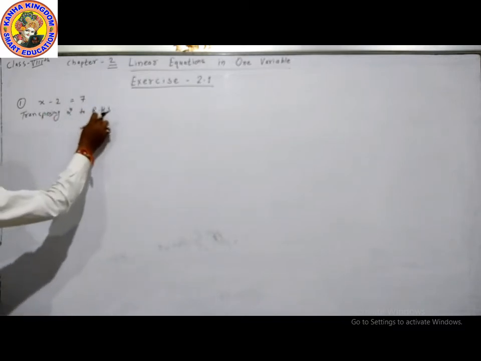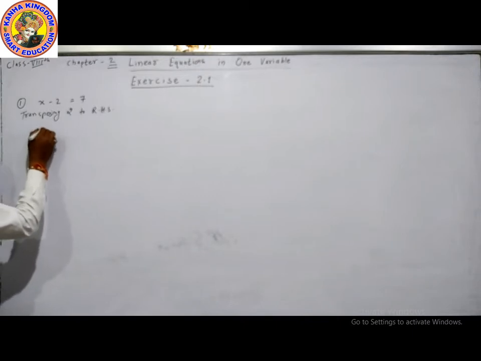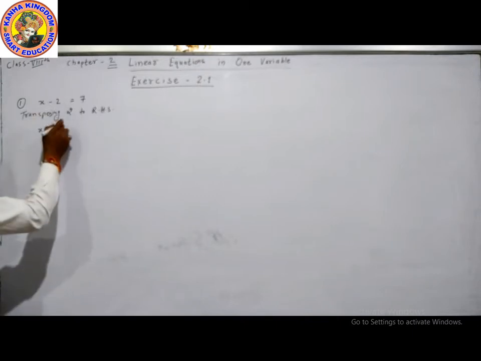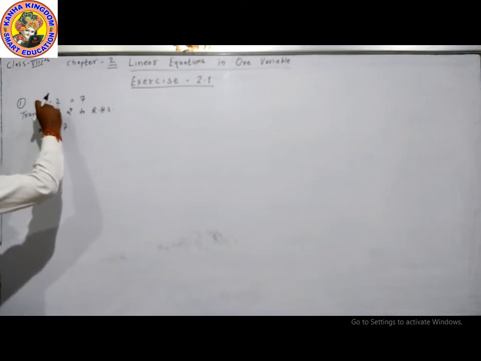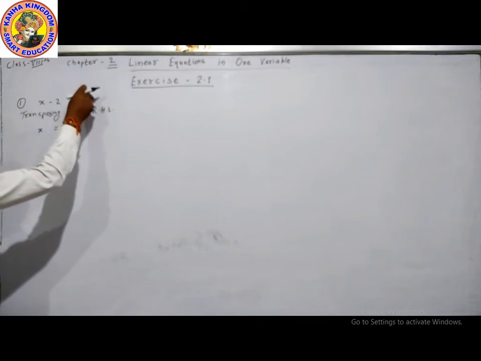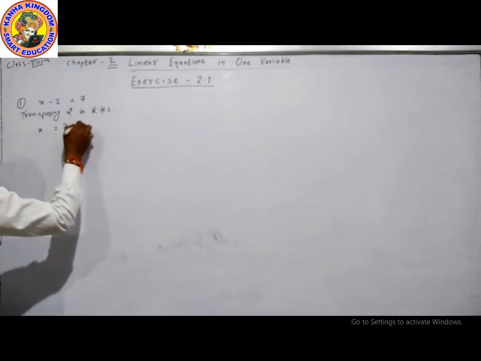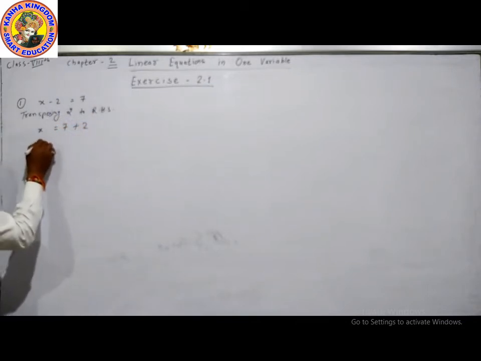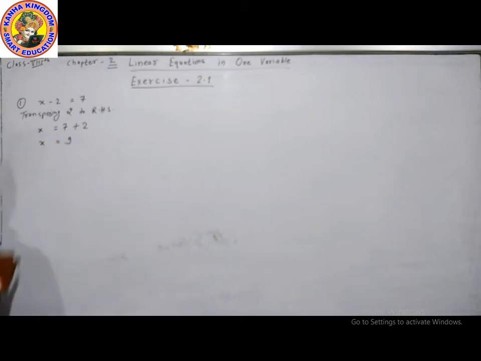This is right hand side. x equal to 7. Transposing 2, we will change the sign of 2. Sign is minus, then on this side this will be plus 2. x is equal to 9. This is the answer.